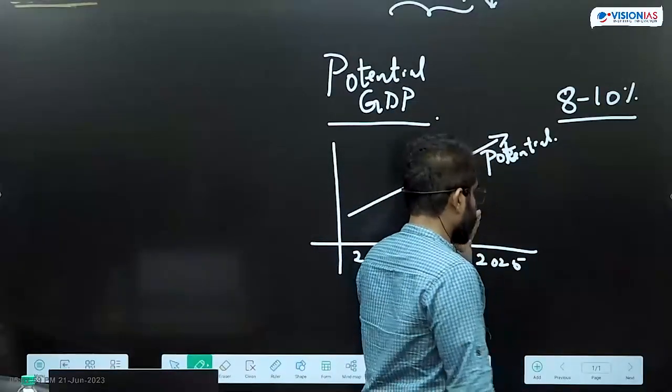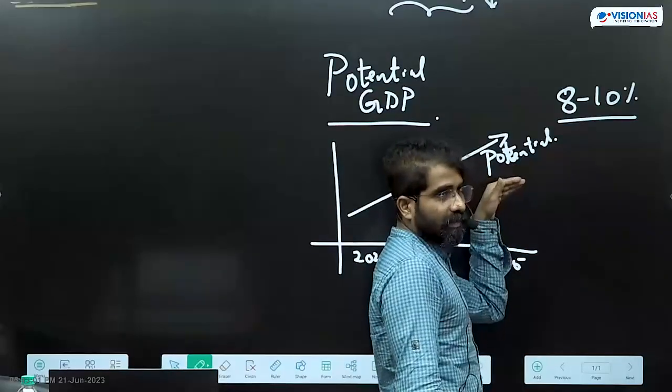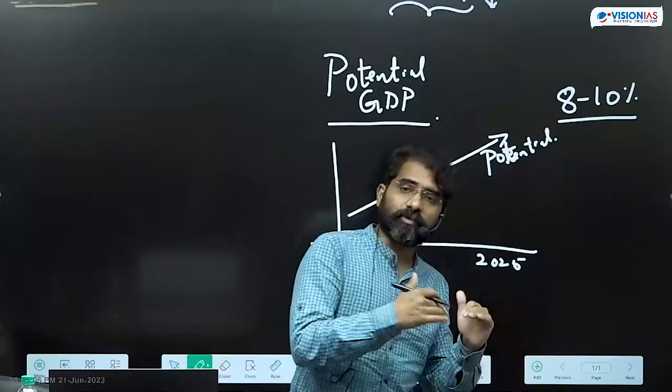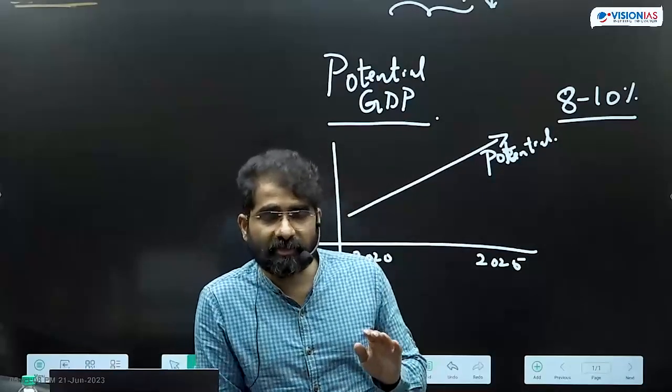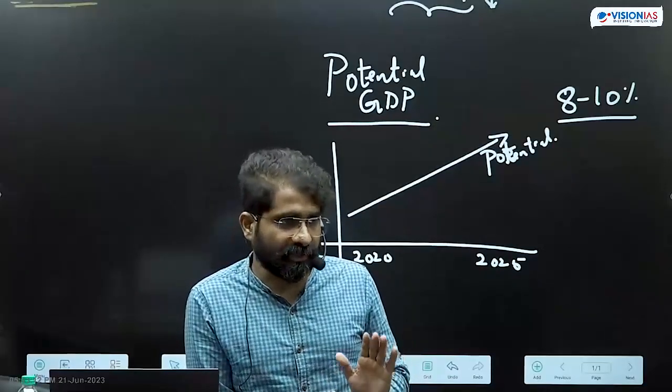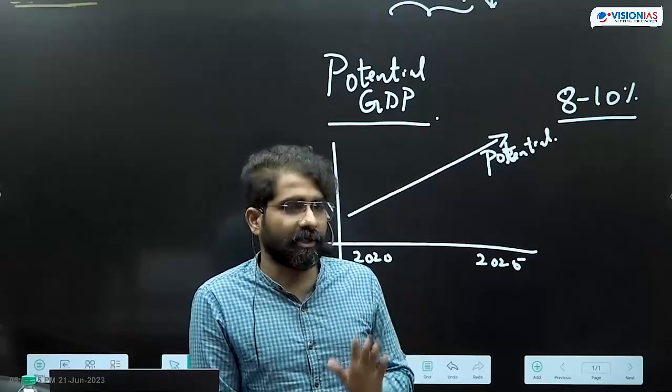So potential GDP is the maximum GDP which a country can reach without inflation, when all its factors of production are fully utilized. This is what is called potential GDP.